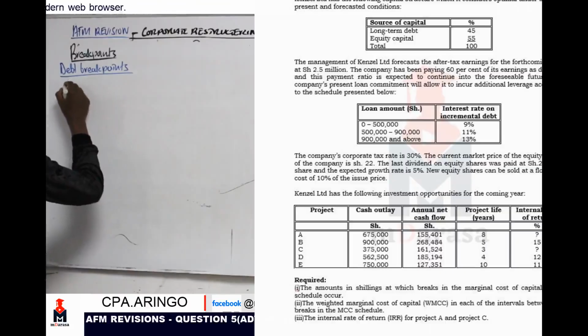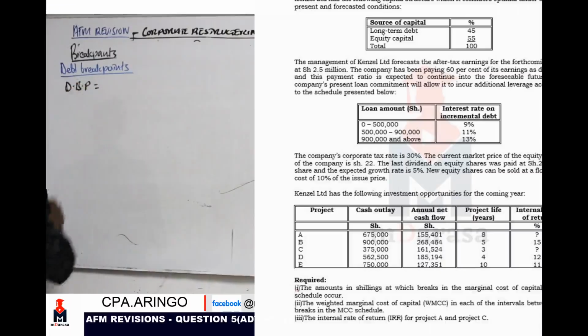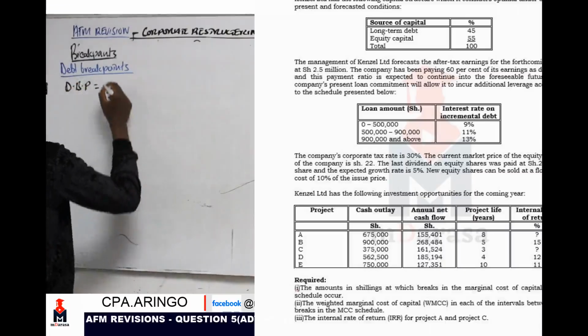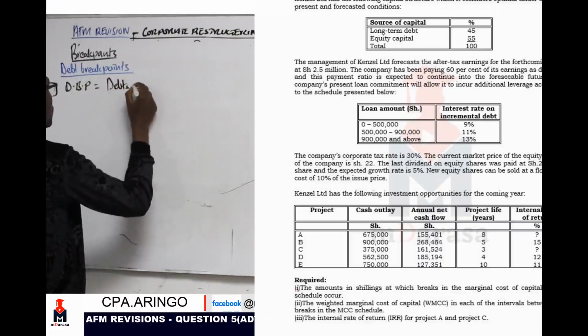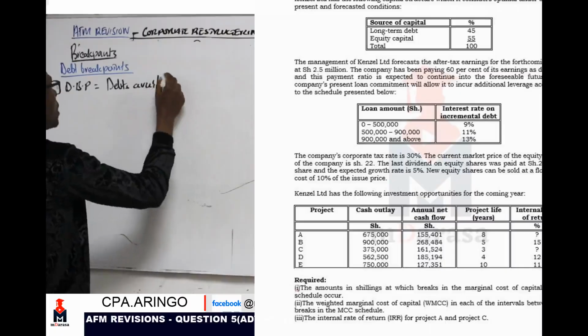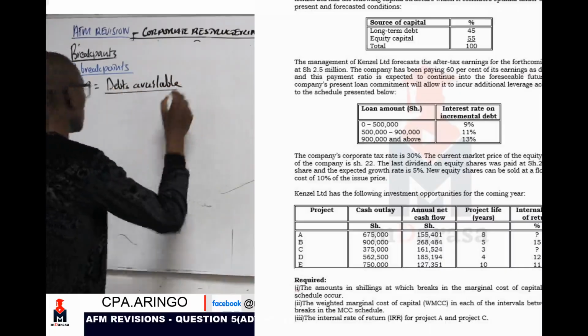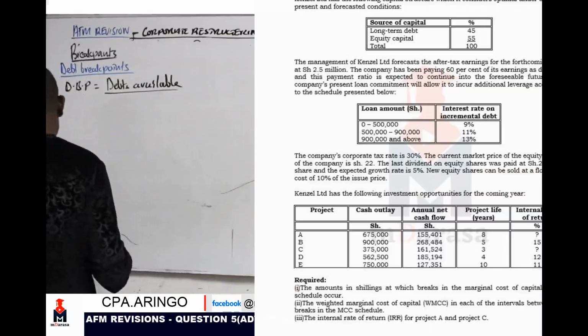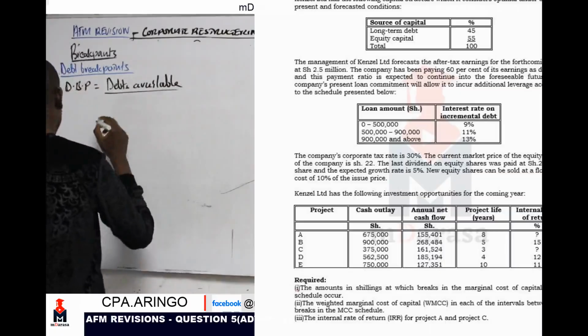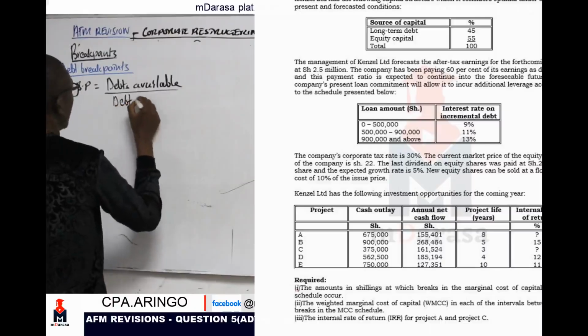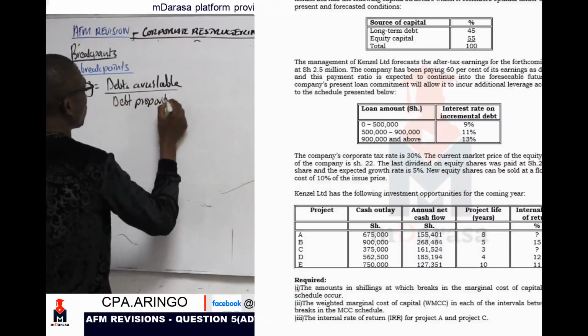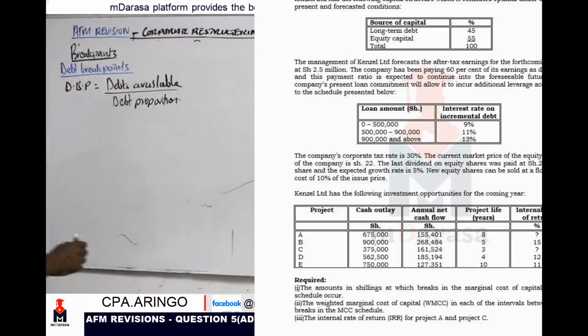The debt breakpoints: I should be having the debts available, and we are going to divide all this by our debt proportion. According to what our good examiner has given us, I'm having debt in ranges.